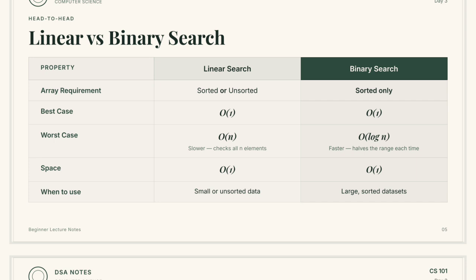Space complexity: linear search is big O of 1, no extra memory, and binary search is big O of 1, no extra memory, the same. When to use: linear search for smaller and unsorted data, binary search for large data that is already sorted.